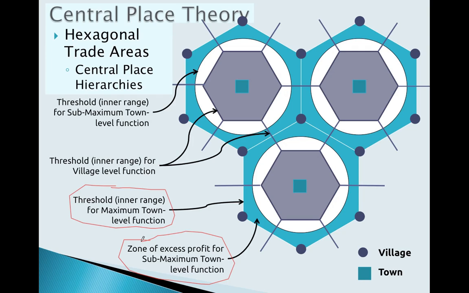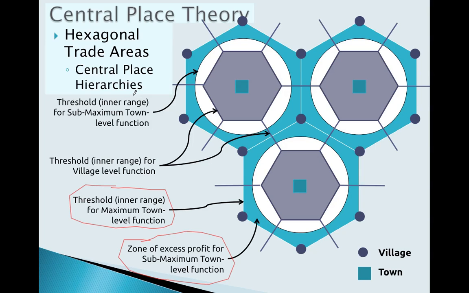And these are zones for which people are willing to travel into the town to consume those goods and services, but they're not at the highest level for a town. So they are higher level than the kinds of goods and services that you would find in a village, but they're not at the maximum level that you would find in a town. What this means is that this is excess profit. That's a zone of excess profit.